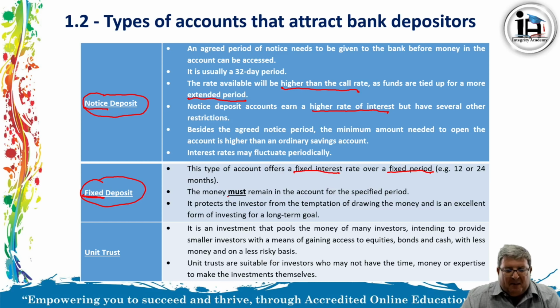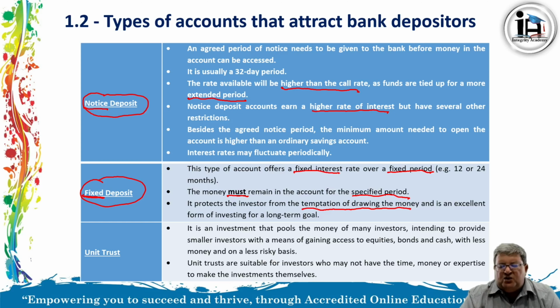The money must remain in the account for that fixed specified period. It protects the investor from the temptation of drawing the money and is an excellent form of investing for a long-term goal.